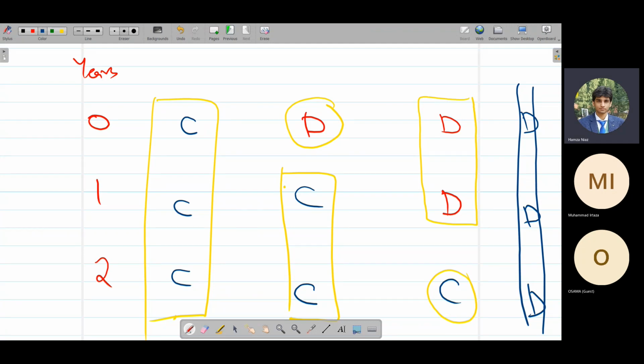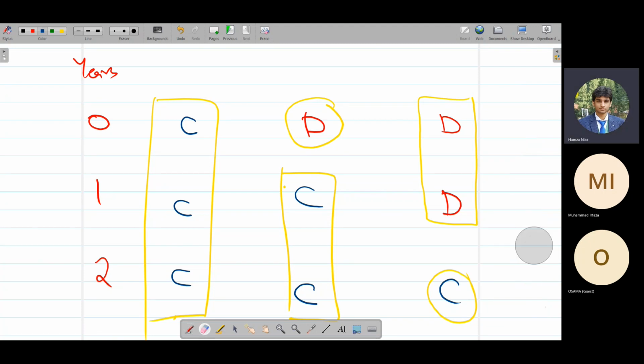That is why our three options are: we can immediately replace the defender, we can replace the defender after 1 year, and we can replace the defender after 2 years. So the options are clear, how we are going to make the options from the given data.